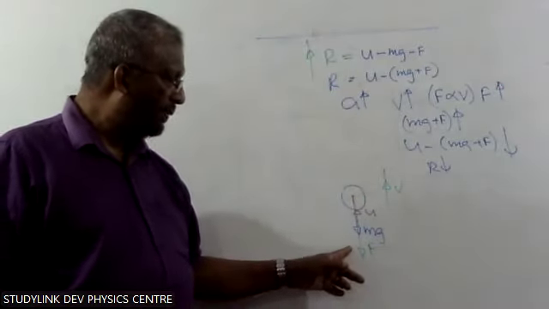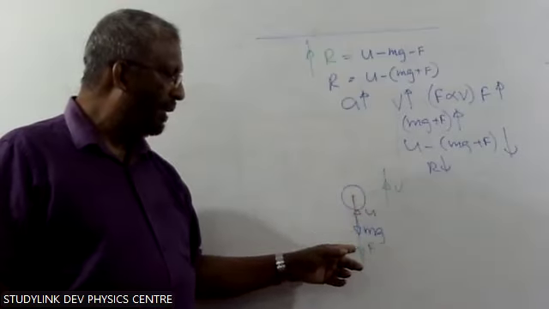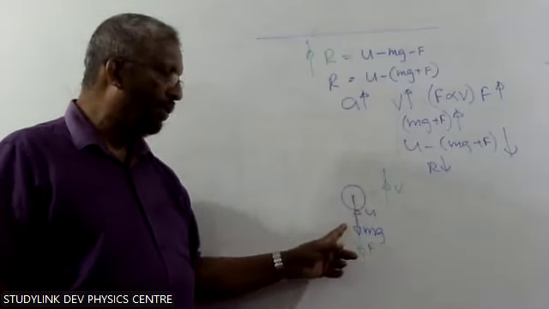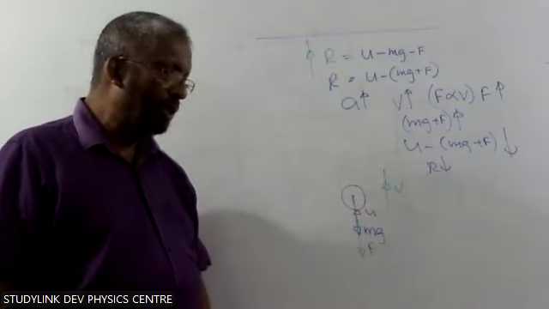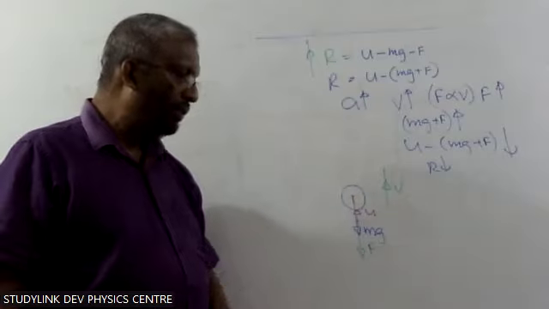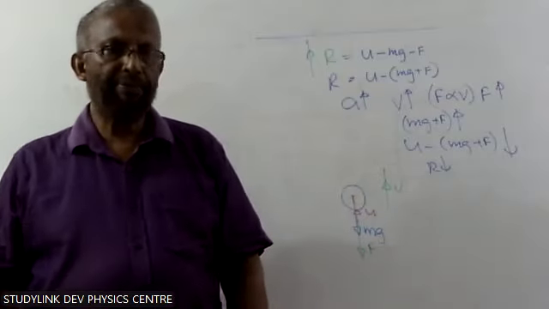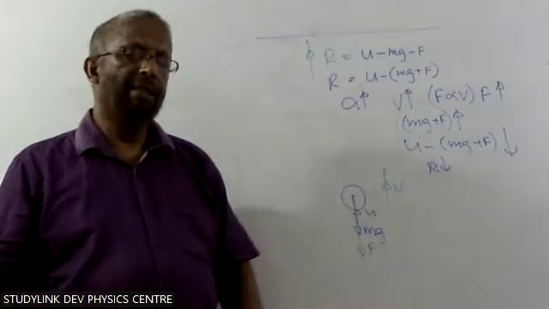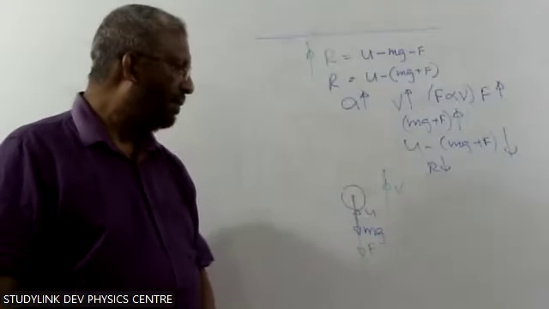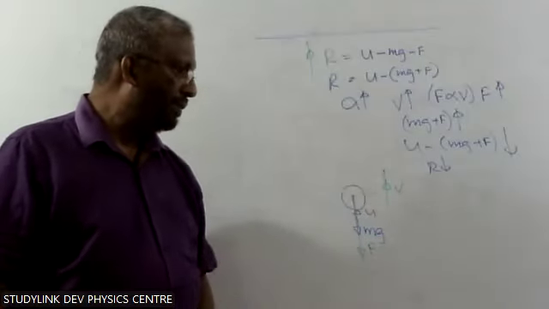Number three, when it is moving upwards, viscous force, vertically downwards. Within brackets, you write: against the motion.